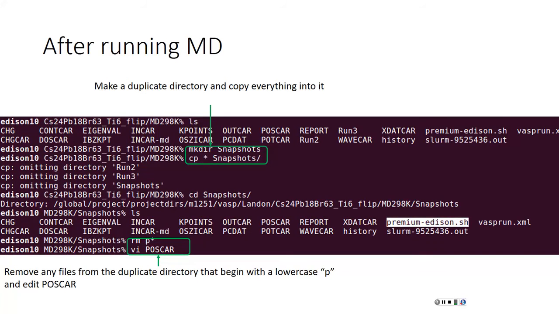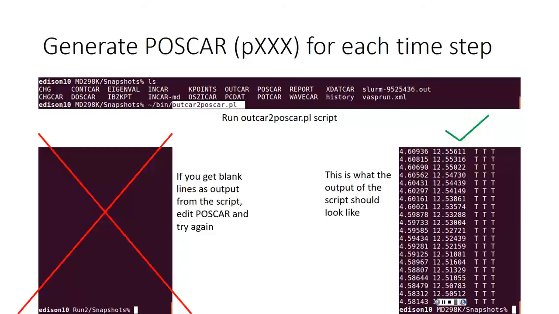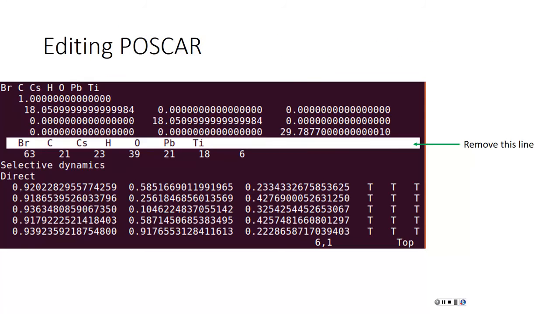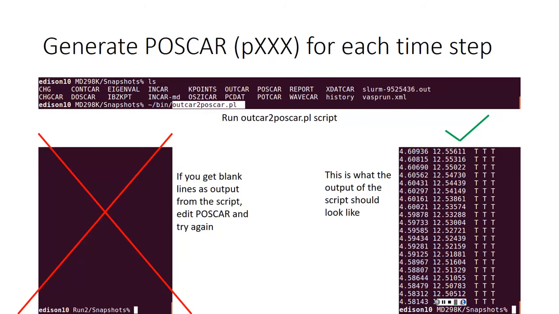As far as I know, this script is not written for this version of VASP. So this script is expecting this line to not exist, and if this line is here, you just get a bunch of blank output. Why is it here? It is a feature of VASP 5 only; they have one extra line in the POSCAR format.